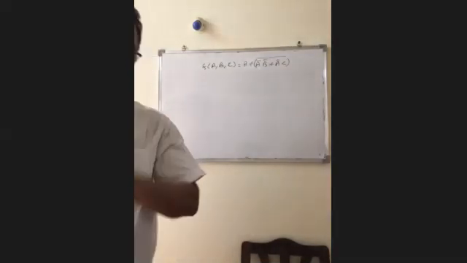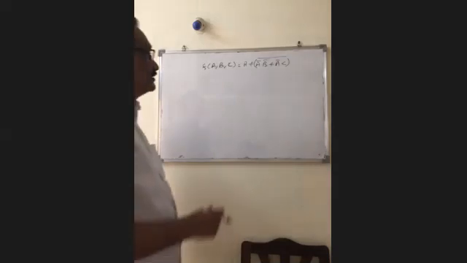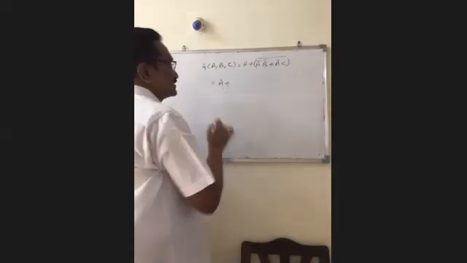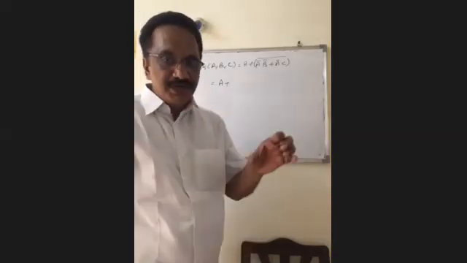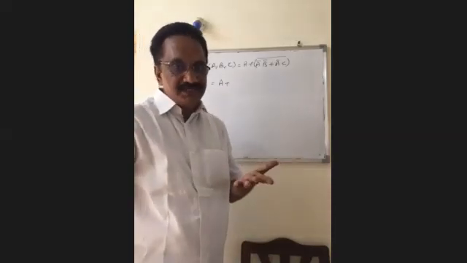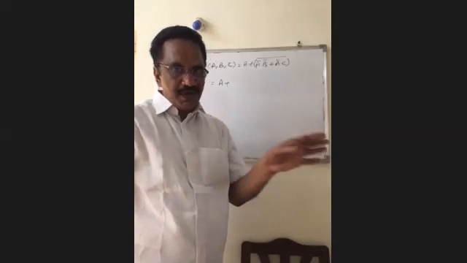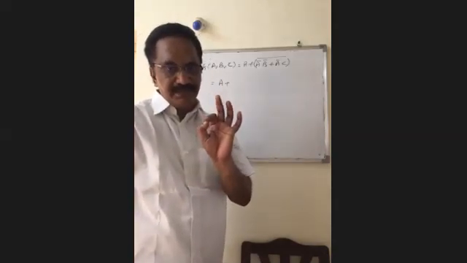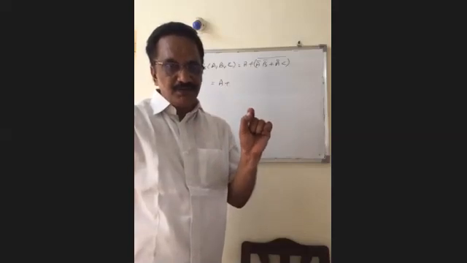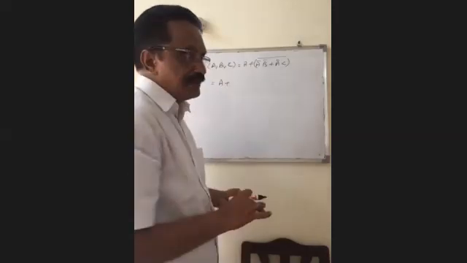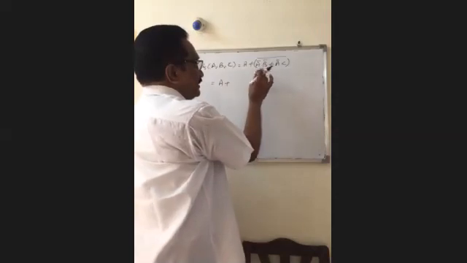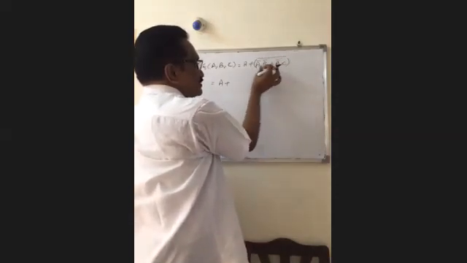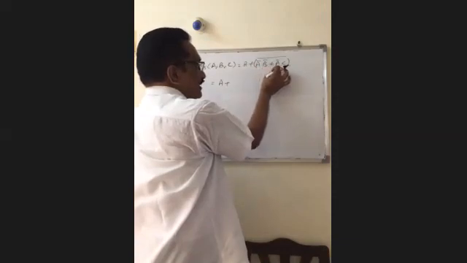Canonical SOP form. So for this one, the first step is write it as A plus, by applying De Morgan's theorem. What is the De Morgan's theorem? X plus Y whole bar equal to X bar into Y bar. Let us assume A bar B bar is X, A bar C bar equal to Y. So this one is equal to X plus Y whole bar.